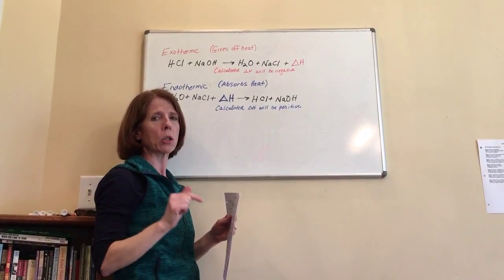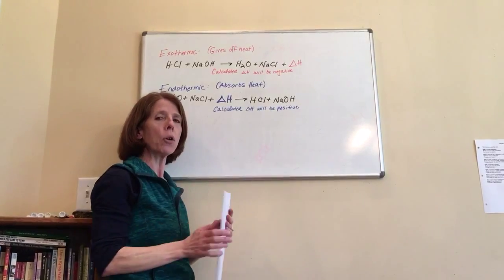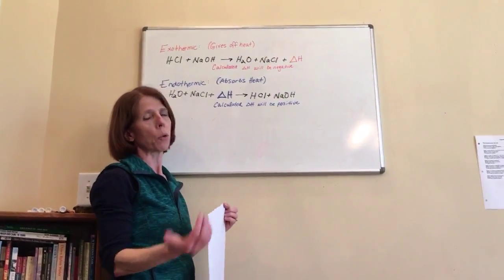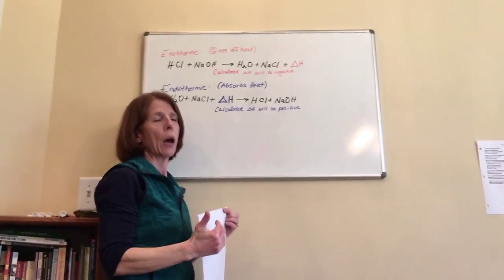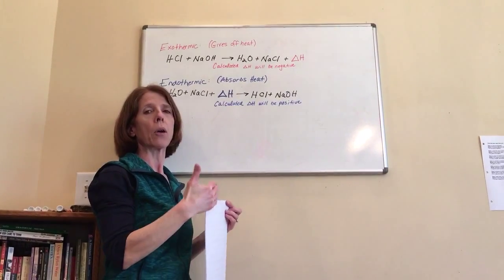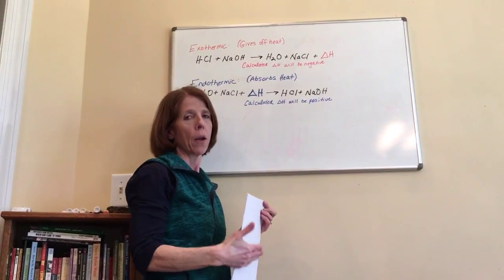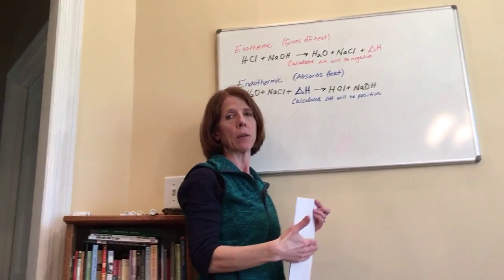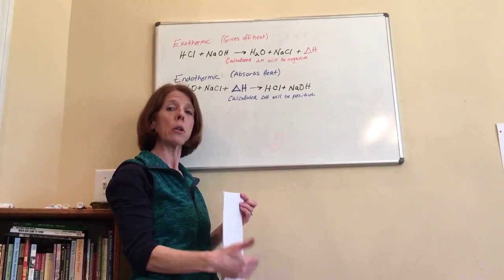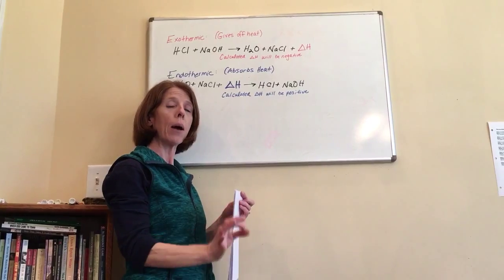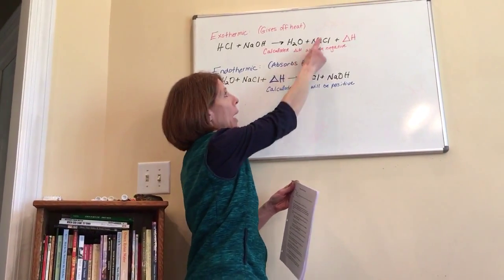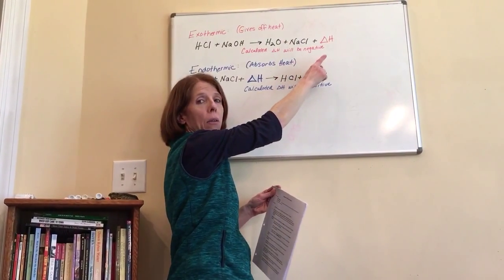Now, one other thing I want to make sure we understand is that when we calculate a change in enthalpy, we're going to get either a positive or a negative number. And that is because of the manner in which our calculations have been set up. The reason that we get a positive or a negative number is so that we can easily identify whether we've got an endothermic reaction or an exothermic reaction. However, a calculated change in enthalpy in an exothermic reaction is going to be negative.